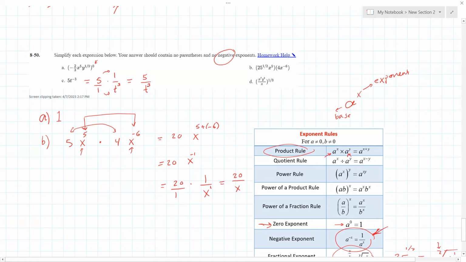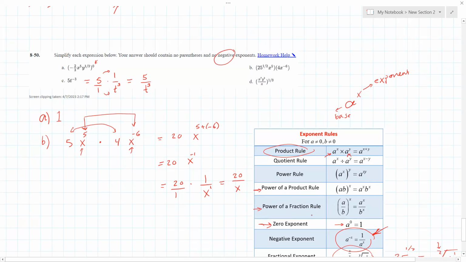And finally, D. When we have parentheses and we have an exponent, we should distribute this exponent to each term inside the parentheses. This is the power of a product rule. Also the power of a fraction rule.